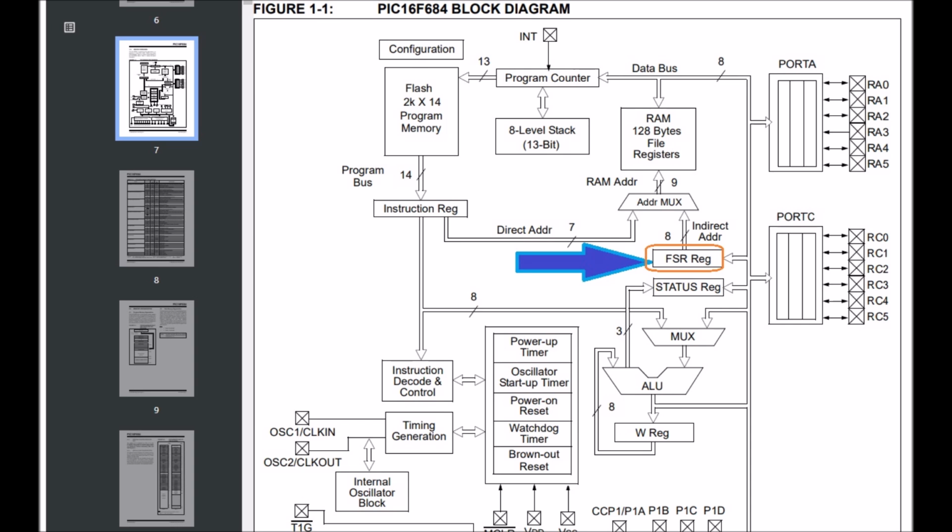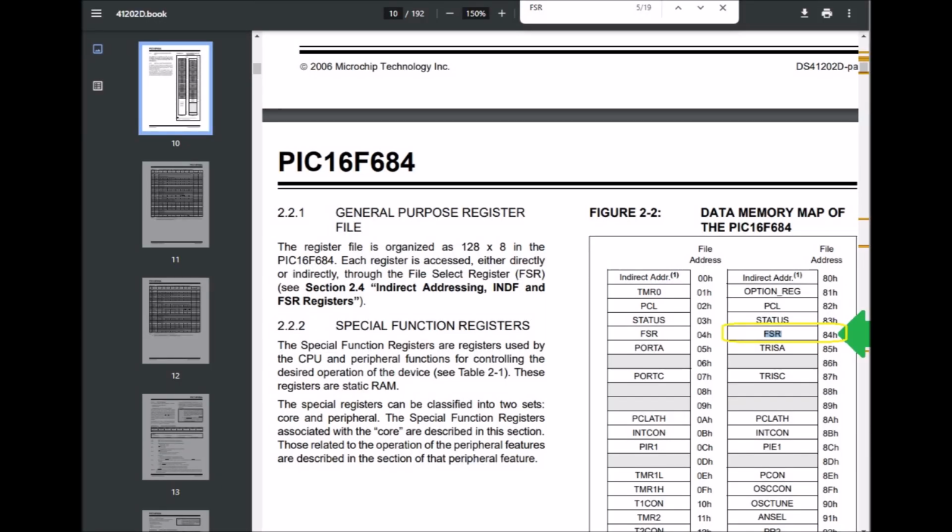Understanding the FSR in the block diagram. Location of FSR. The FSR is located within the special function register, SFR, space of the PIC16F684. It's a part of the microcontroller's register set specifically designed for indirect addressing.